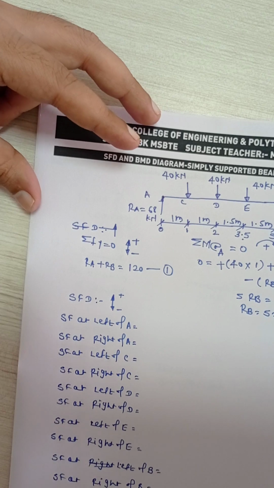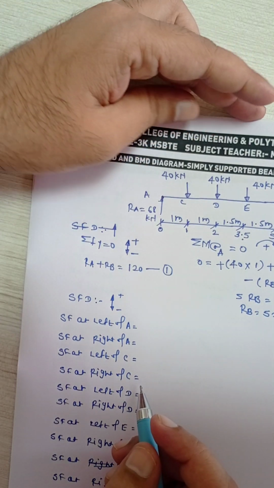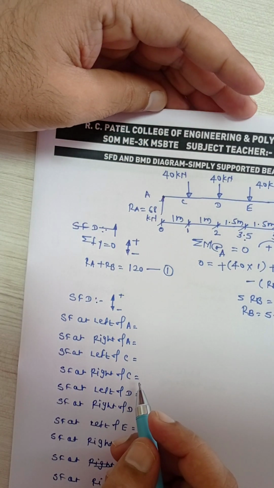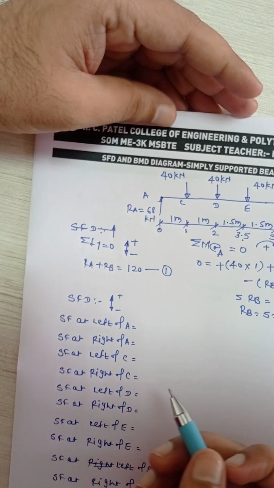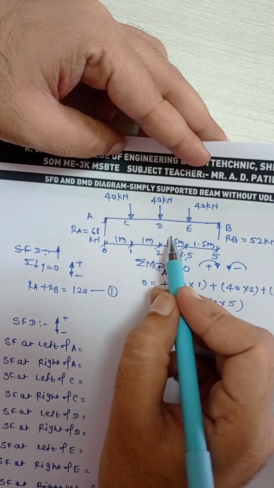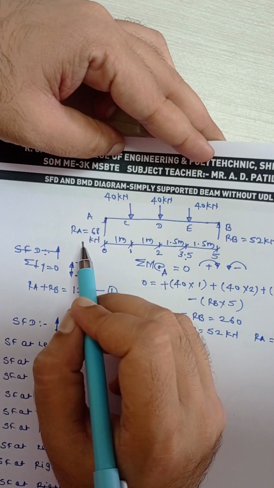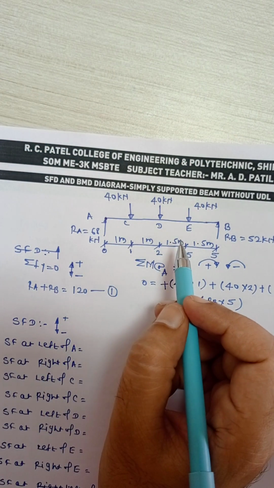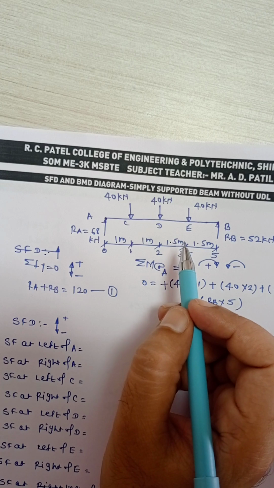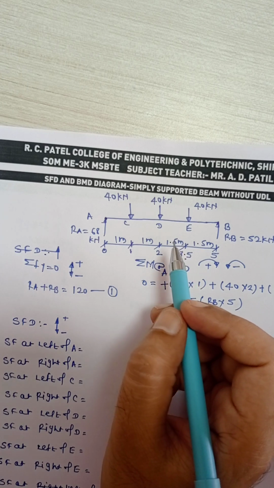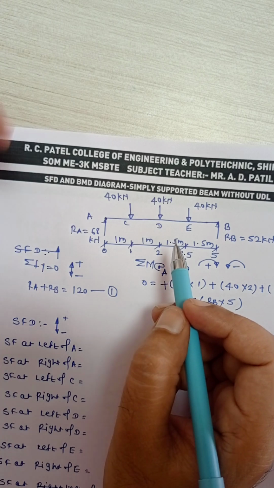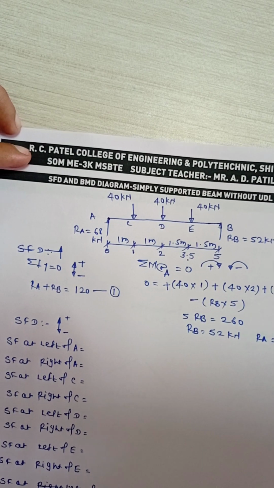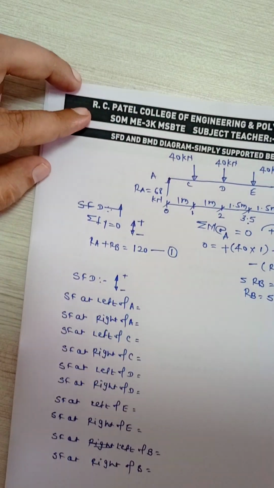While writing the naming, the basic concept of left and right is applied about the reference points. A, C, D, E, B are the reference points or key points. They are the inbuilt key points. Do not generate new key points while solving the numericals. So apply the concept of left and right.